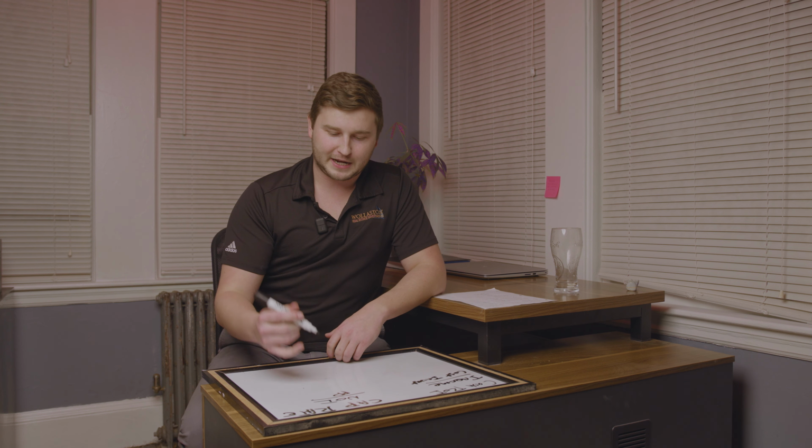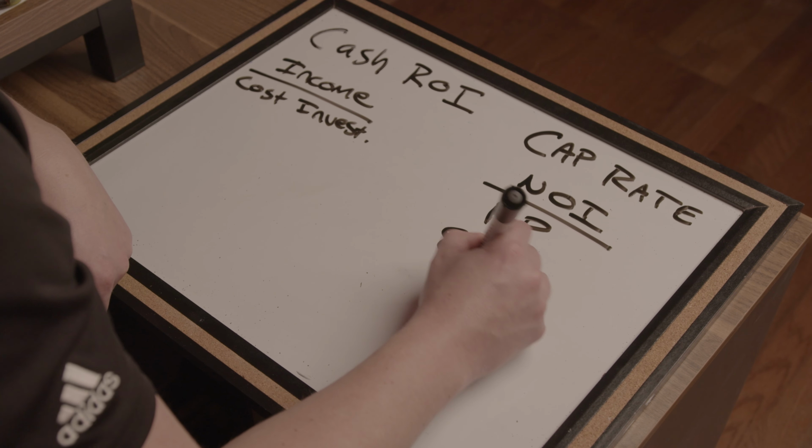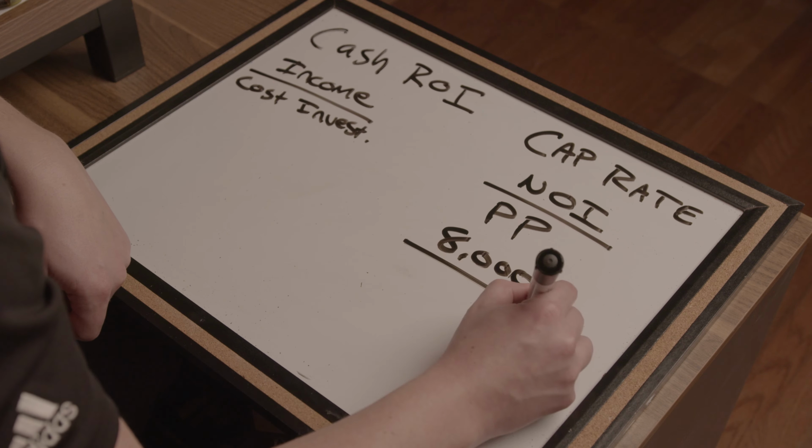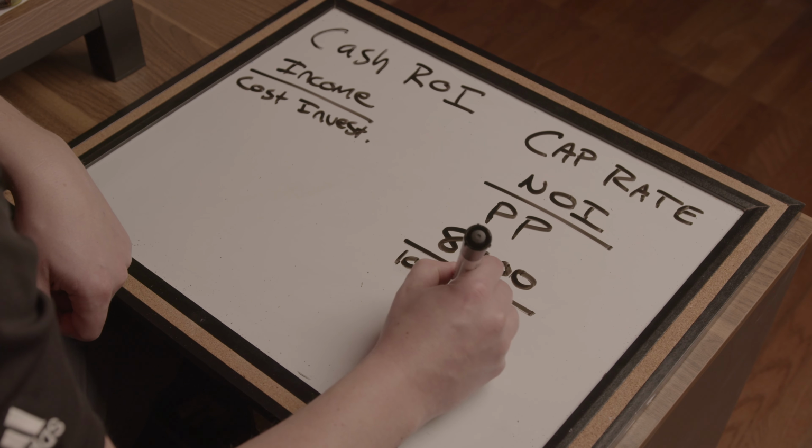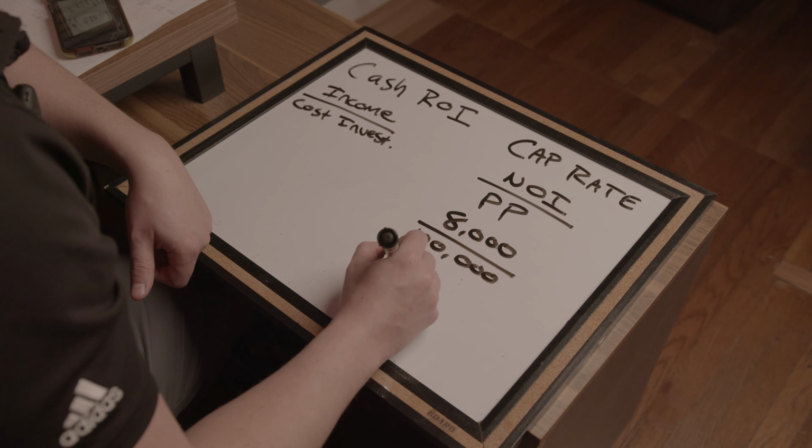All right, so an example. Let's say we've got a building that generates $8,000 in net operating income and the purchase price was $100,000. That would give you a cap rate of 8. This would be an 8 cap property.